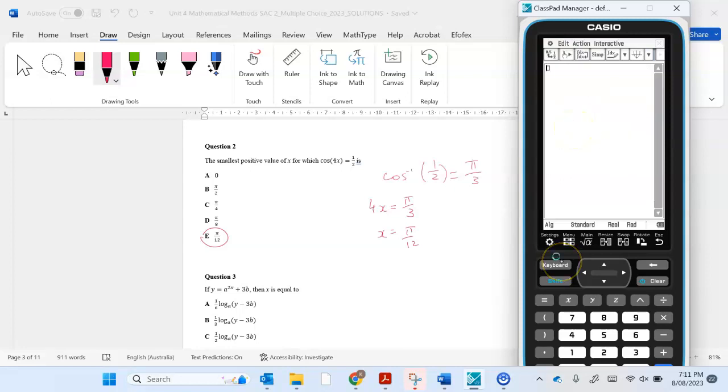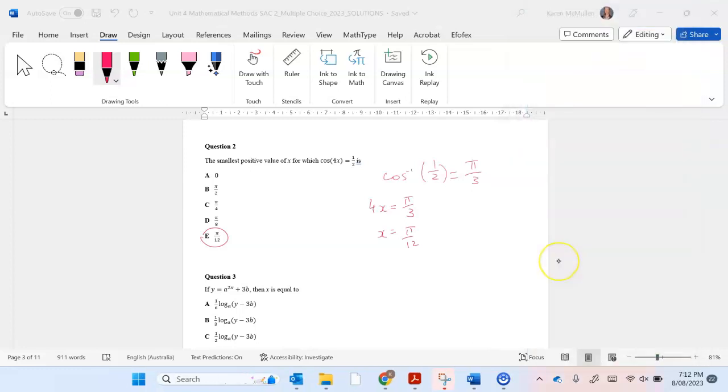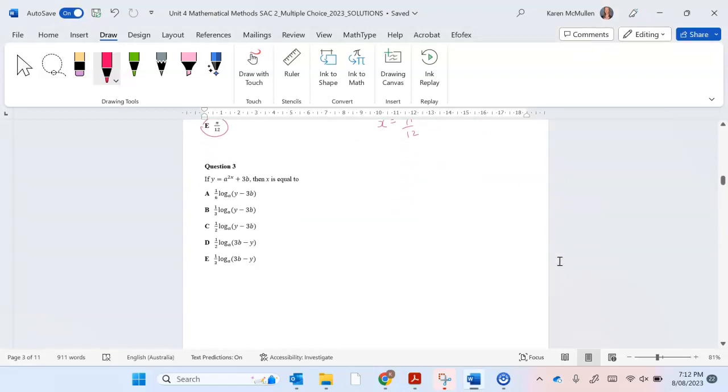If you want to solve a cos function, you don't want a general solution, just restrict your domain. That's what I was going to show you. I might have to get that calculator working in a sec anyway for another question.